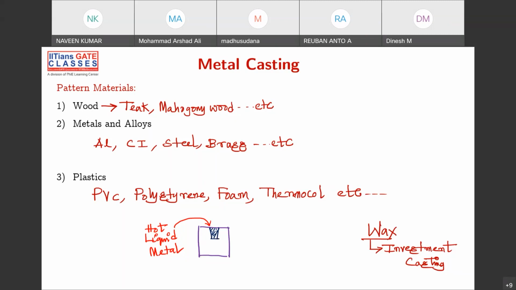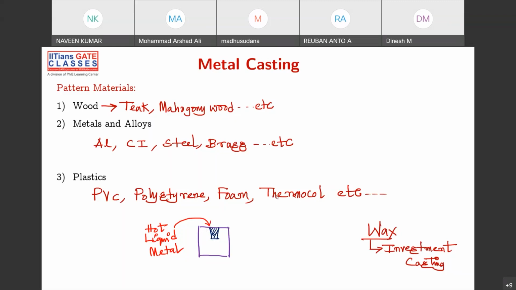You're not removing it, so shaking and rapping are not required. When you pour directly onto it, because of its low density the pattern gets burnt and the fumes go out. As the burnt material evaporates in the form of fumes, space is created and the metal takes the mold cavity shape.